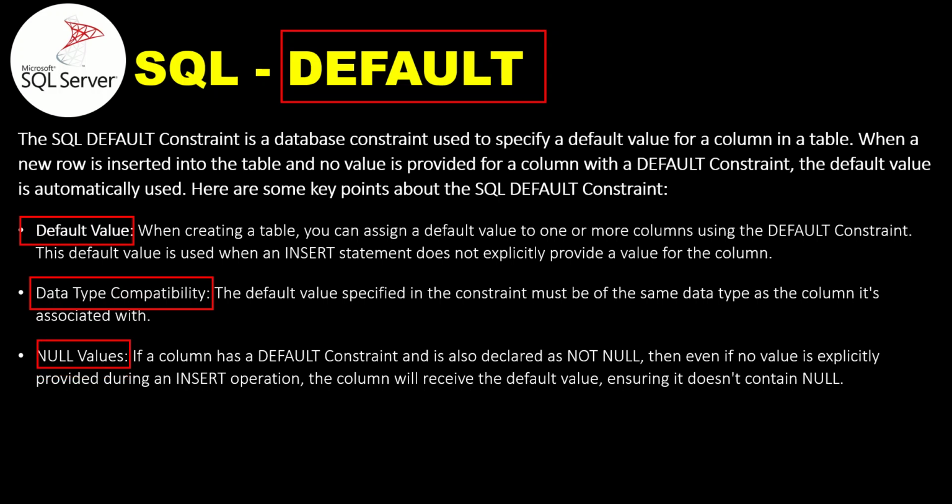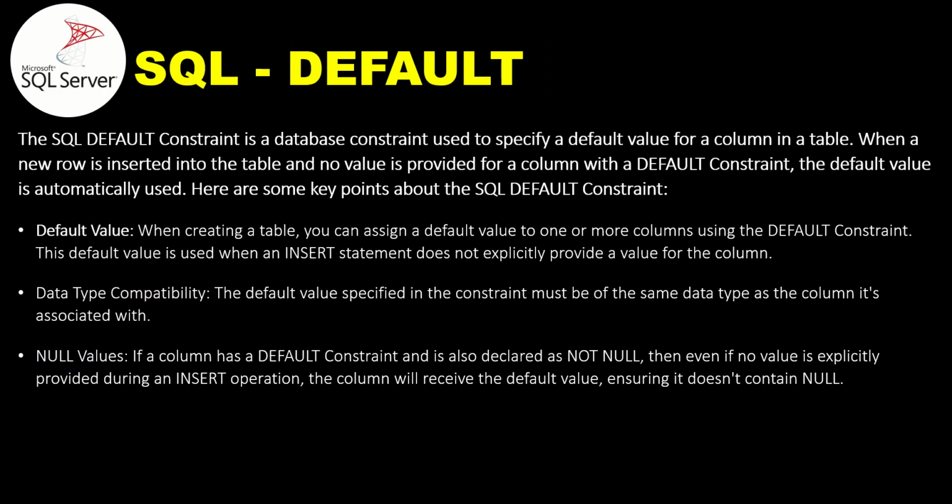What happens if the column has a null value and we provide a default? What is the exact meaning of default values in a particular table? Data type compatibility means if the data type is the same, then what is the next step in the default. We will cover this one by one.